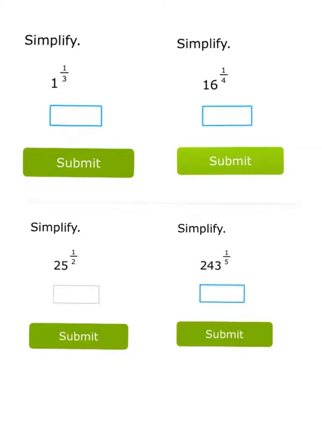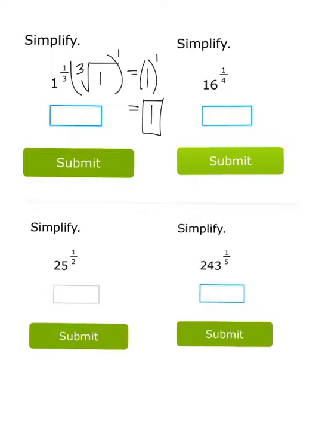All right, so 1 to the 1/3. I would rewrite this as a radical. So my root is 3. I put my base under the radical, and I would raise it all to the first power. So this would be the cube root of 1, which is just 1, raised to the first power. So this would equal 1.